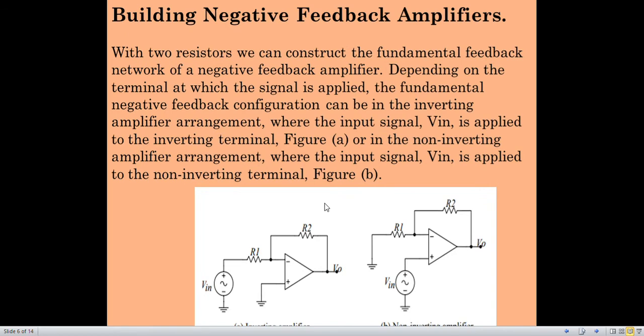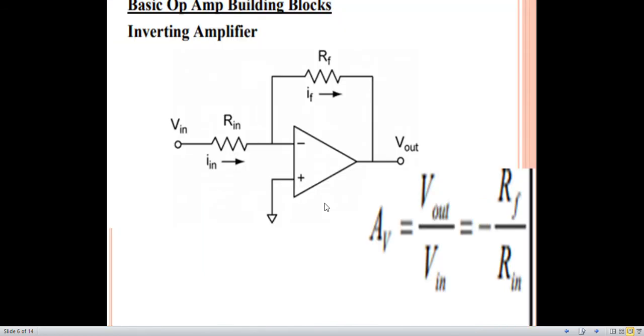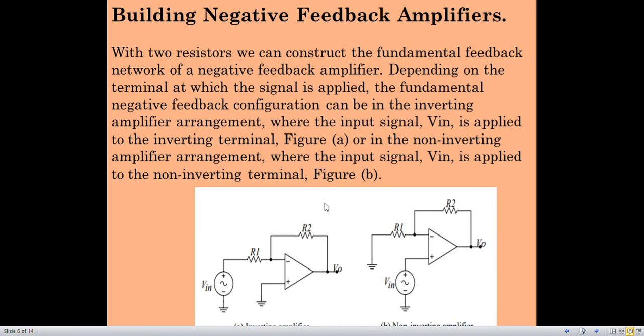Now we can build our inverting amplifier as well as non-inverting amplifier using this negative feedback. Here I have shown an inverting amplifier which is having a negative feedback. This shows the inverting terminal of operational amplifier.